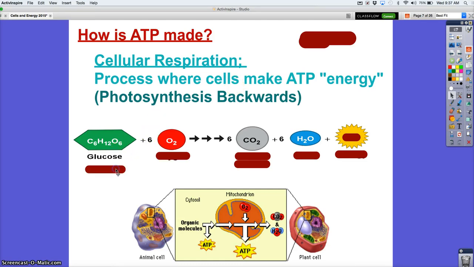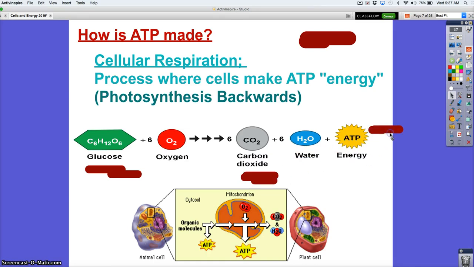So they take the molecule of sugar that plants made, they combine it with oxygen, and they make carbon dioxide, which is like a waste product because they don't really need it. They make water, and they make the molecule of energy, ATP.